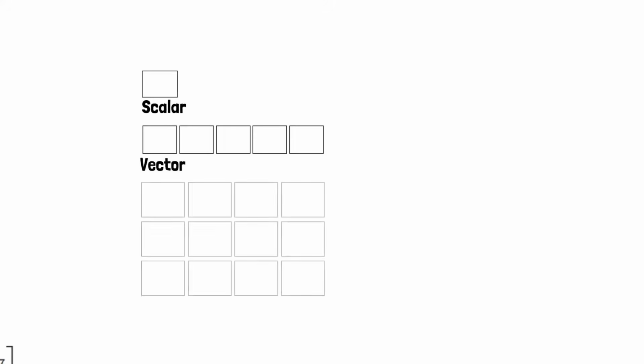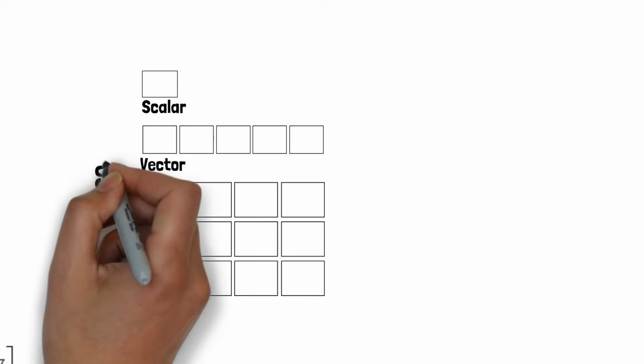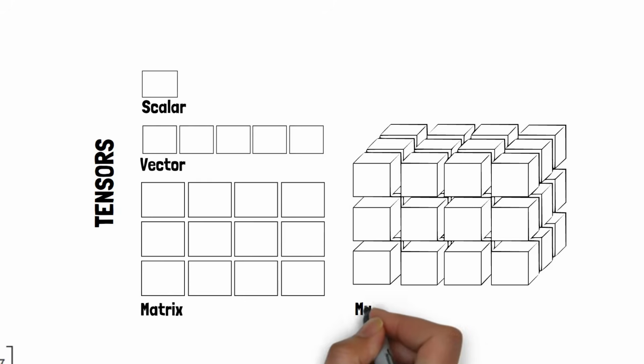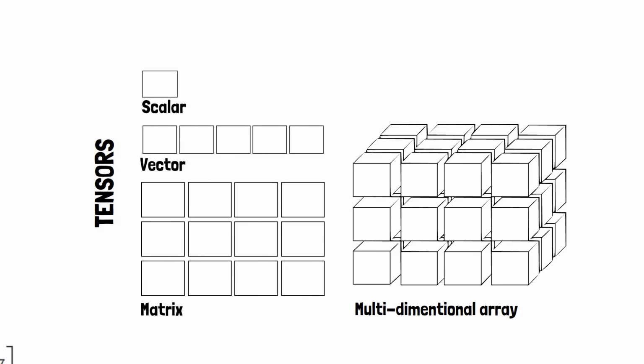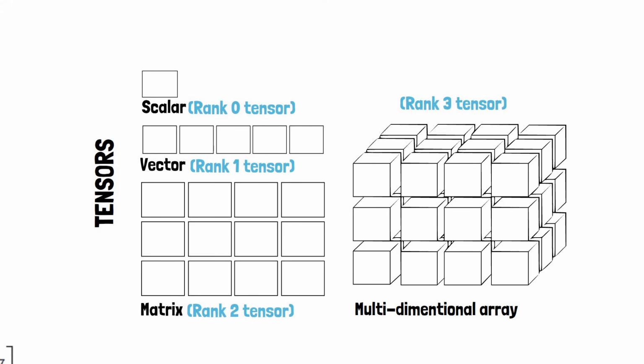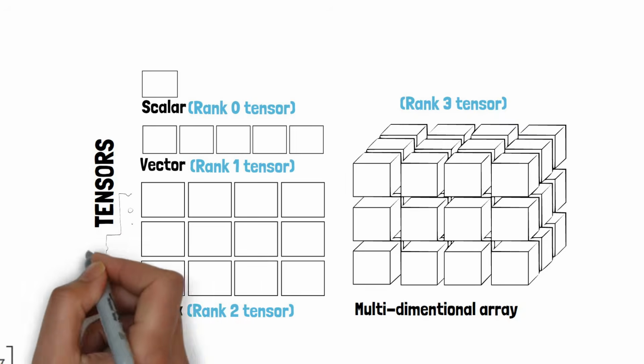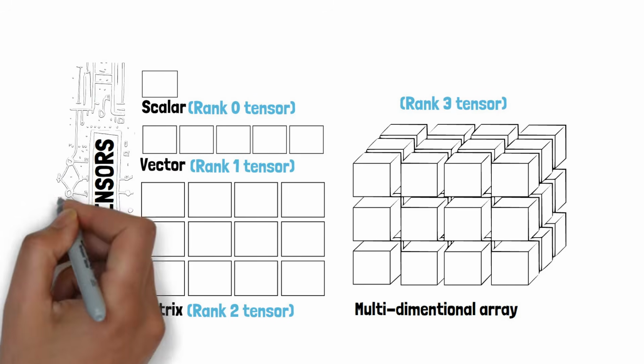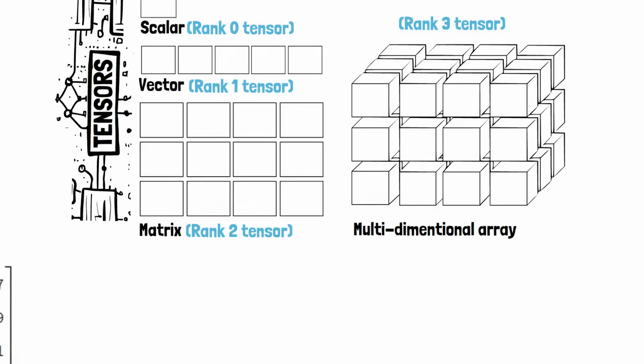In deep learning, all of these vectors and matrices are called tensors. A tensor is simply a multi-dimensional array of numerical values, and it is used to generalize the concept of a matrix to an arbitrary number of dimensions. So it serves as the fundamental data structure for storing and manipulating complex data in neural network operations.